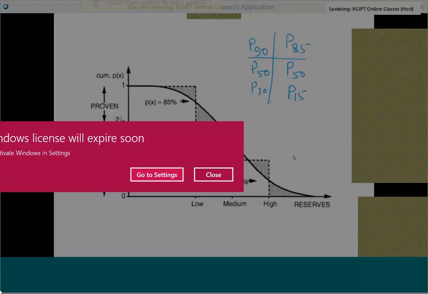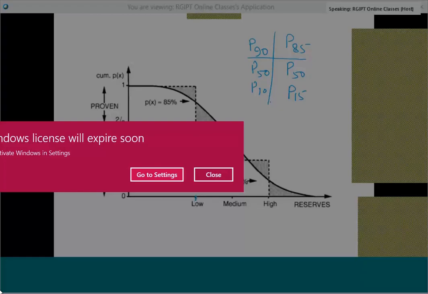Hello, yes, Raj. Yes, sir. Okay, so what is this P90, P50, and P10? Sir, P90 means there is a 90% chance that we will have P90 reserves or higher than that. Okay, so that means that is the low case.